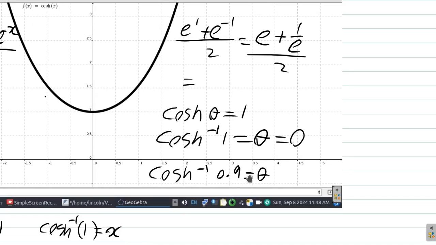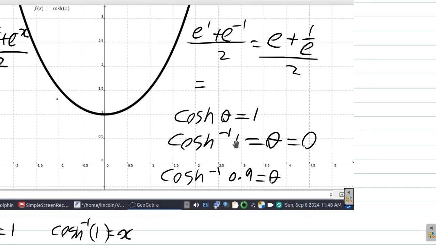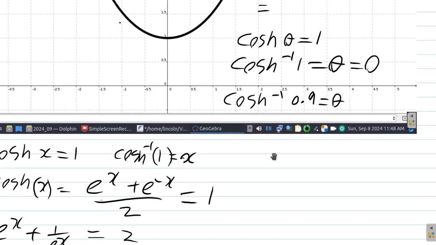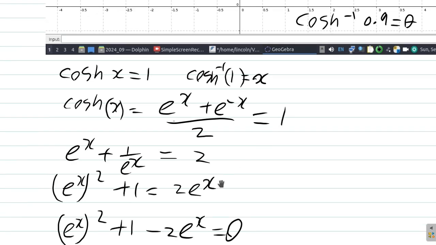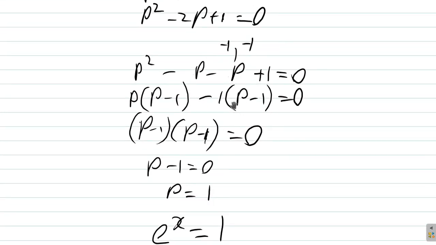As we saw, we use x as our angle. We had used theta here, but it's the same argument. So cos inverse of 1 is 0. The hyperbolic cosine inverse of 1 is 0. Alright?